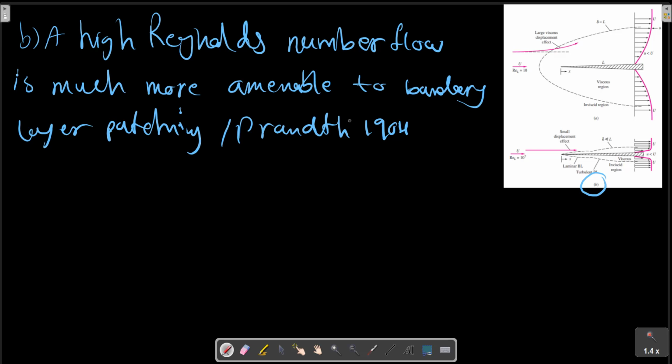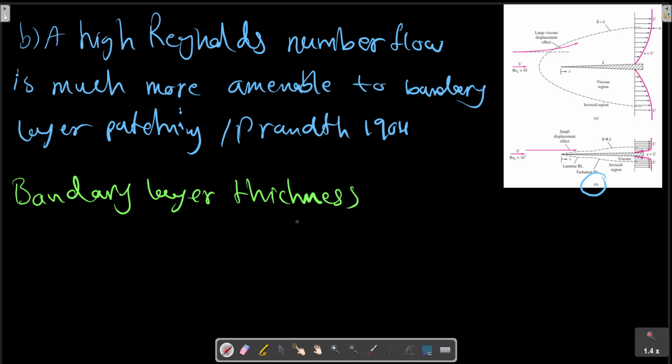Here we define the boundary layer thickness delta as the locus of points where the velocity u parallel to the plate reaches 99% of the external velocity U.